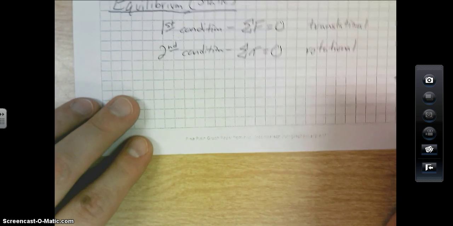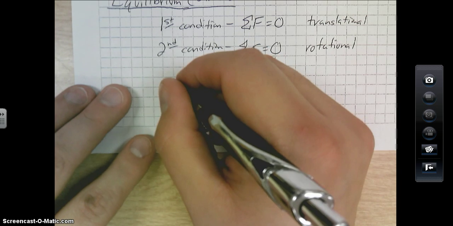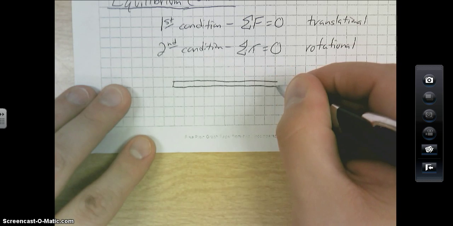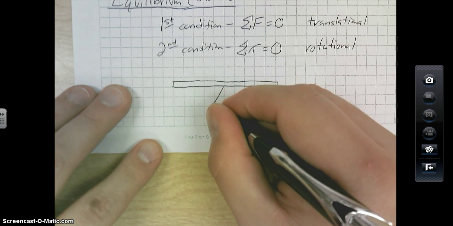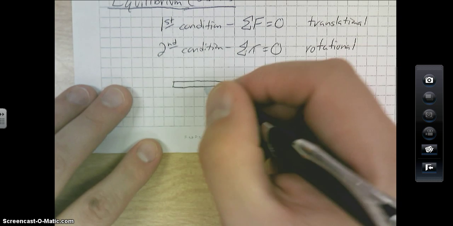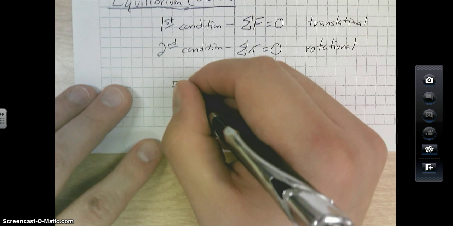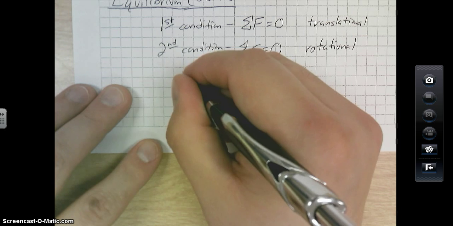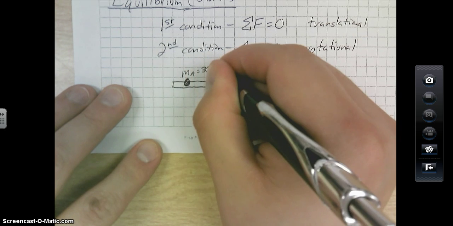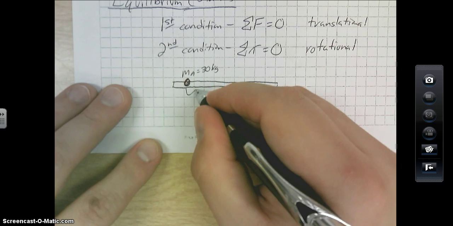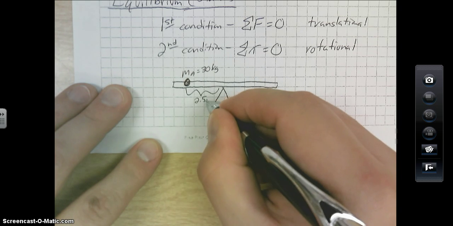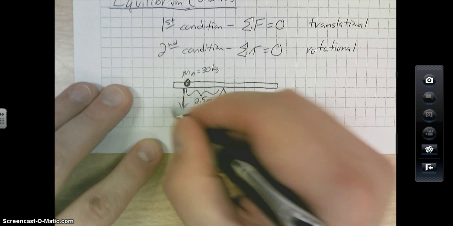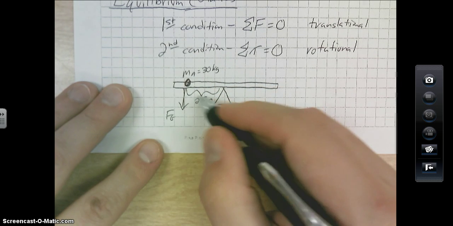So there's always a classic type of problem where, say, we have a seesaw, and there's a pivot point right here. If we have a kid that gets on here that has a mass of, say, 30 kilograms, and they are at, say, 2.5 meters away, then they would have a force of F of G here at 2.5 meters away.